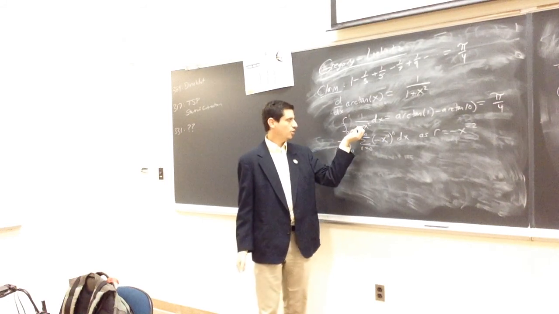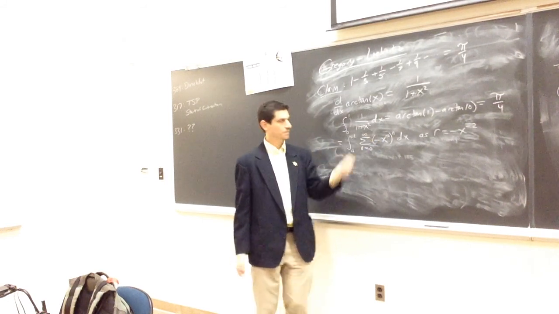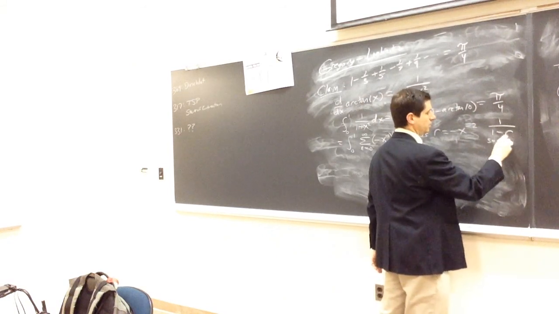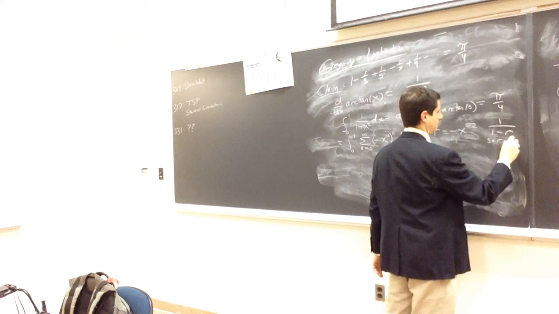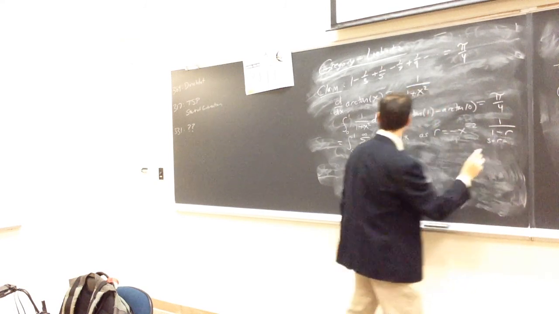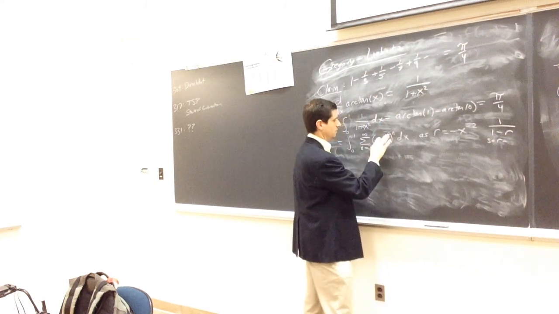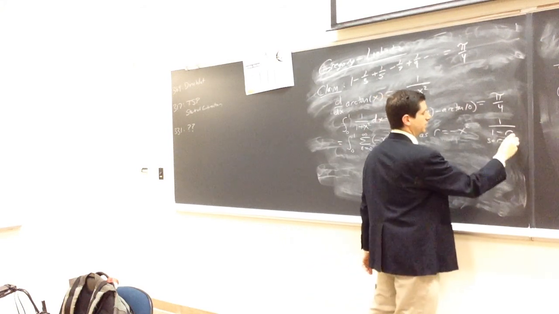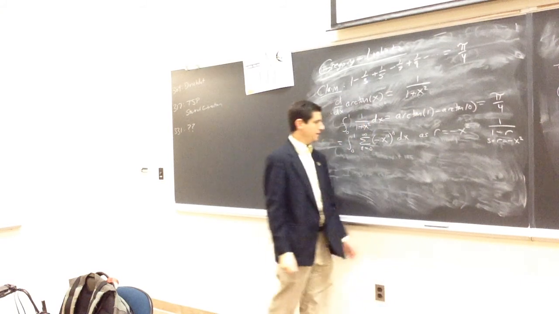So I need to write 1 over 1 plus x squared as 1 over 1 minus r. Wait, sorry. So r is equal to negative x squared. All right, now what do we do?